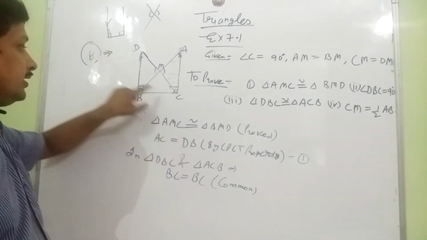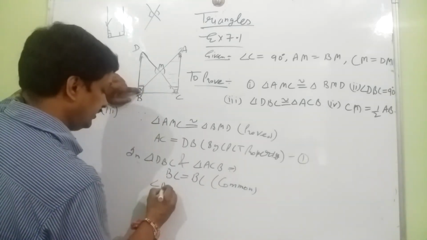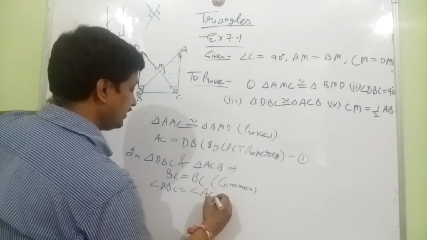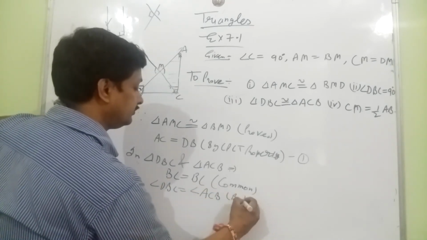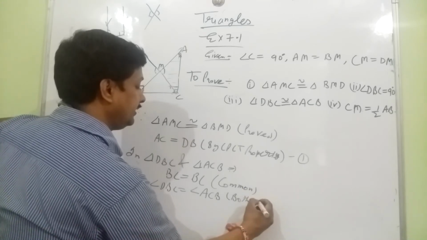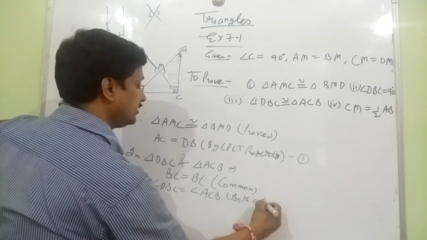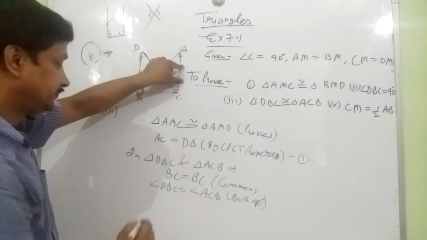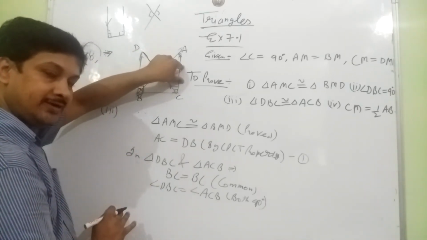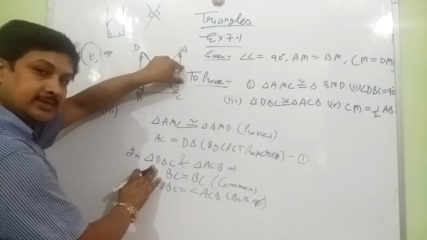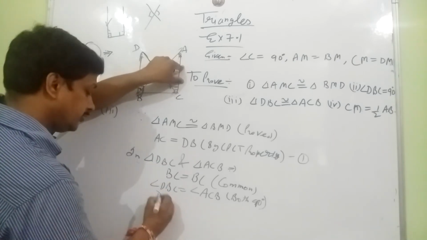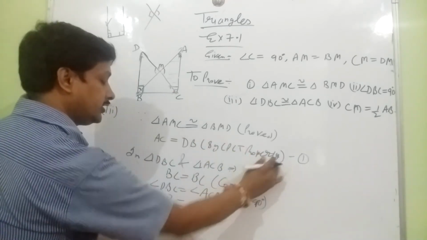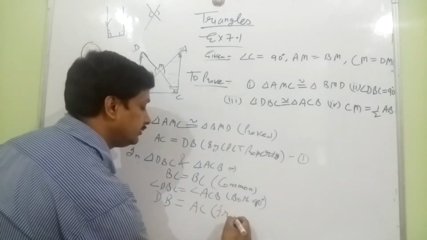Second thing, this angle DBC is equal to angle ACB, both 90 degrees. Now what is the third thing? Third thing is DB equal to AC. DB we will write first because triangle DBC is introduced on the left side. So DB equal to AC, from equation 1 we have just proved.